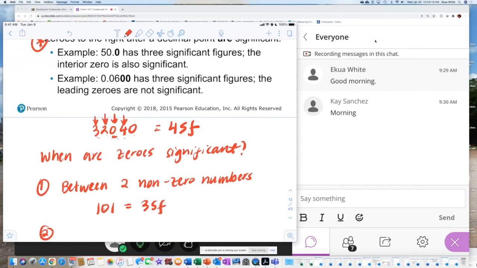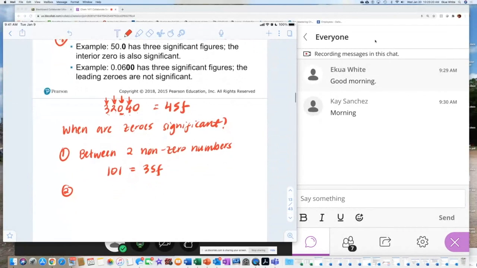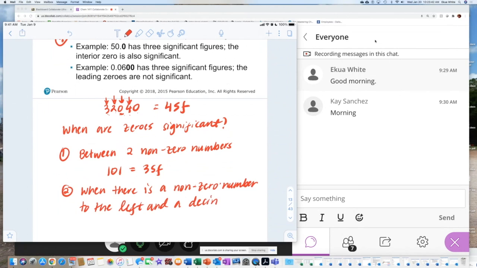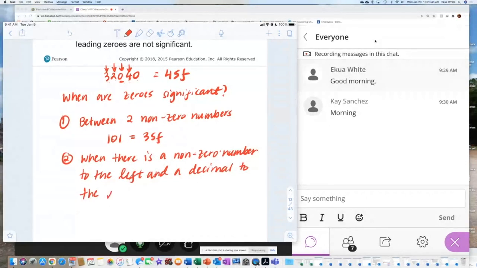Number two, when you have a decimal. So I'll say when there is a non-zero number to the left and a decimal to the right.